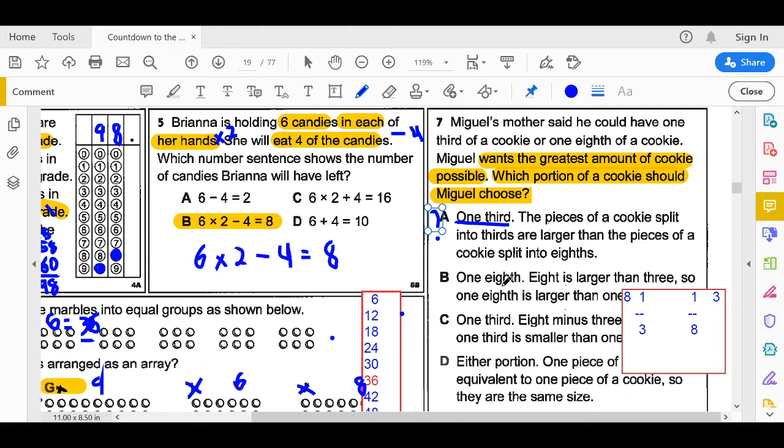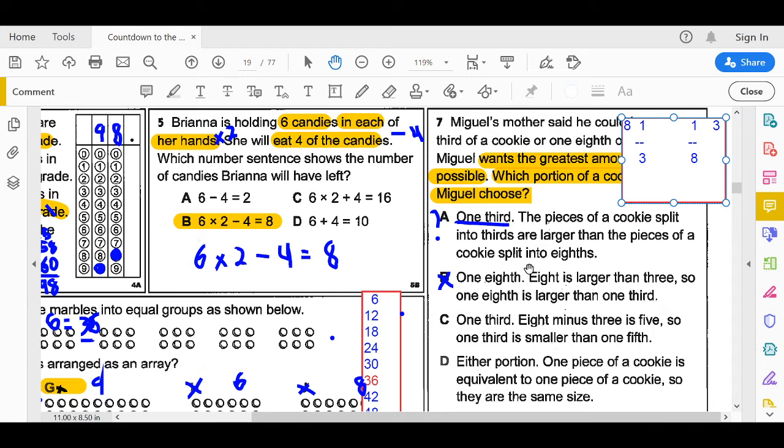Letter B, 1/8. Well, we already know that 1/8 is smaller, so I'm going to cross it out. But anyways, I'm going to read all the sentence. It says 1/8. 8 is larger than 3, so 1/8 is larger than 1/3. Again, as I mentioned before, the number at the bottom is not going to tell us which one is bigger.